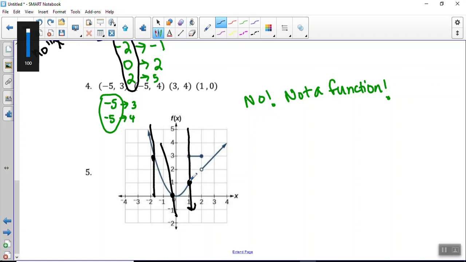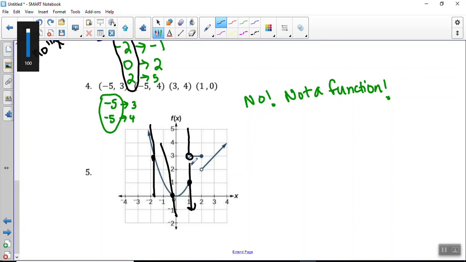There's a closed circle, something that's filled, which means the function has a value there, but we have an open circle here. So technically this is not hitting it at two places because you can say there's a hole right there. So there's no value over there, okay? So we're still good here.